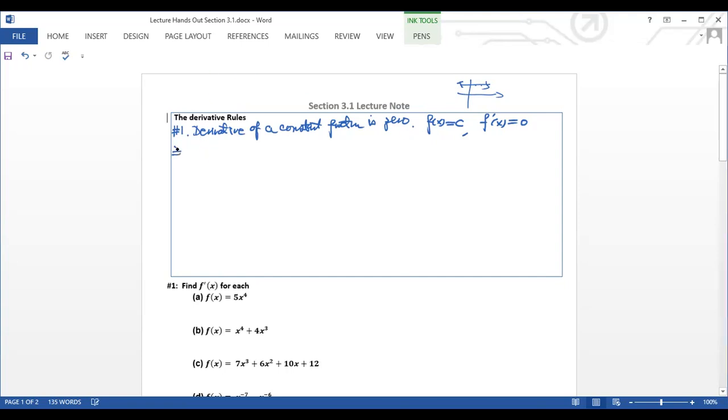The second rule is the general power rule.